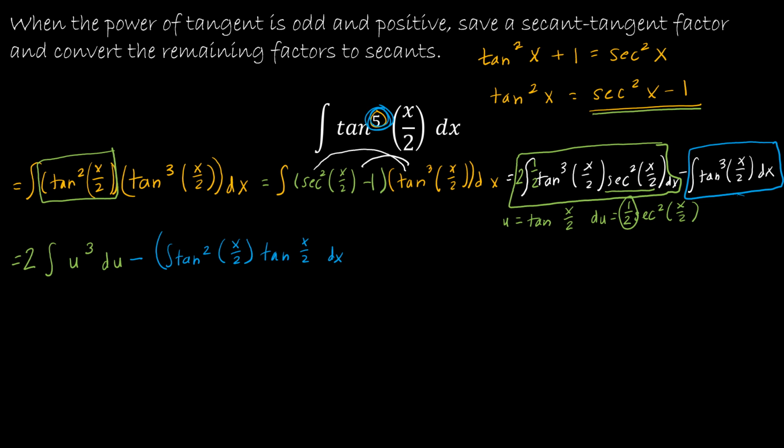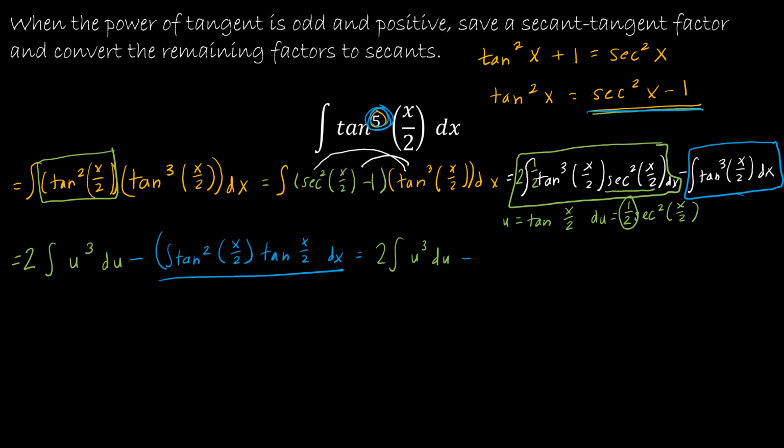And just like I did before, I'm just going to keep going with that green one, or the first one, until I get to the point where I can integrate everything. So this part that I have written in blue, I am going to replace tangent squared with secant squared instead, minus 1.